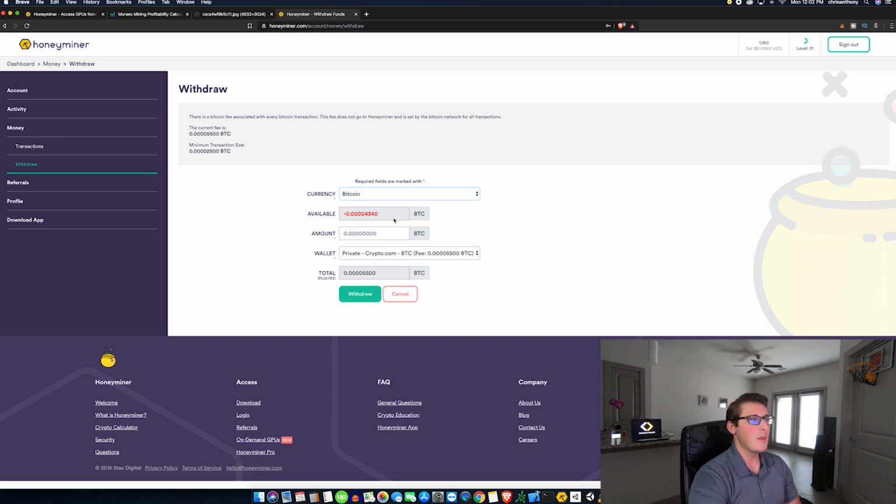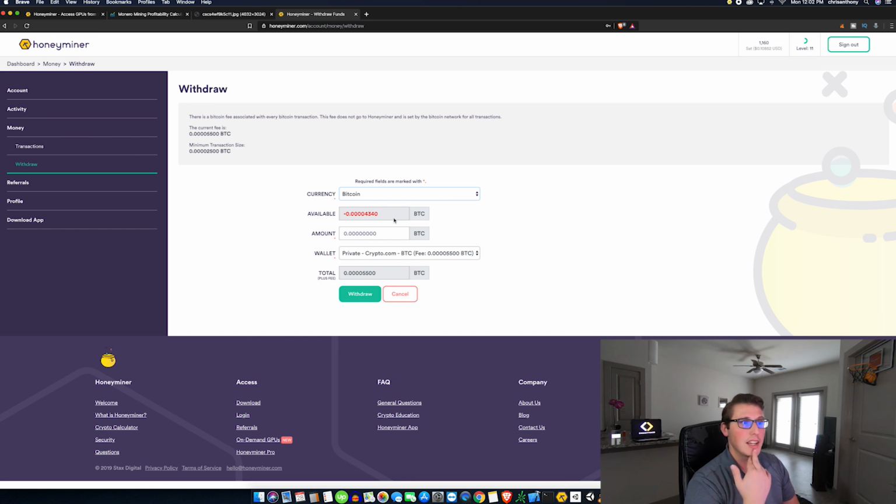Like I said, I have my crypto.com wallet linked up here. The thing I love about this software is it has a very low withdrawal minimum. So the minimum transaction is only 2,500 Satoshis, 0.000025 Bitcoin, which is extremely low to be able to transfer out.